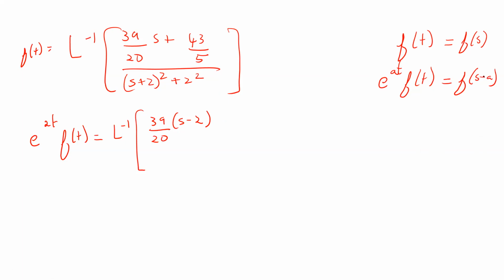I'm multiplying by e to the power 2t, so wherever s is there, replace by s minus 2.